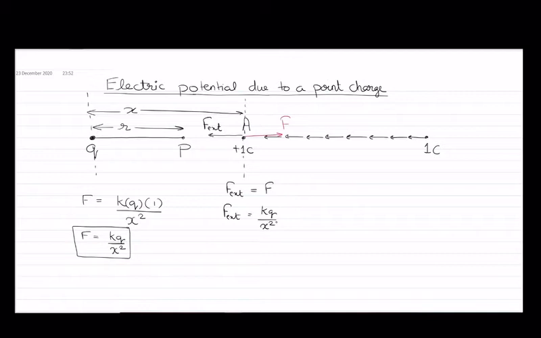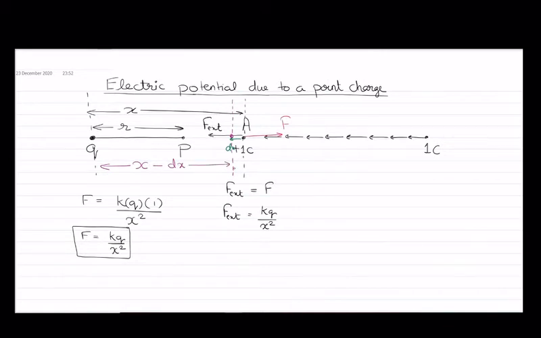In the next little instant of time, we will move this 1 coulomb charge a small distance dx. The new distance between this charge Q and the 1 coulomb charge will be x minus dx, because the distance is decreasing.